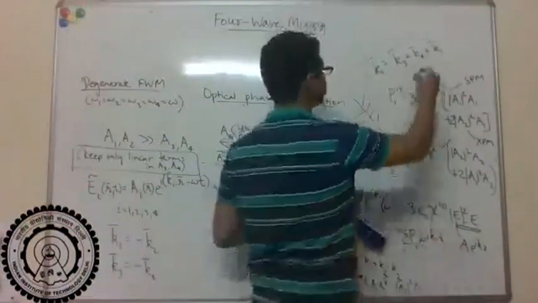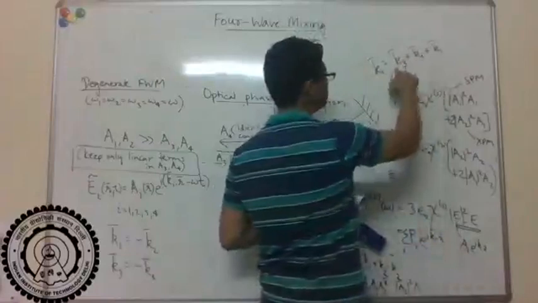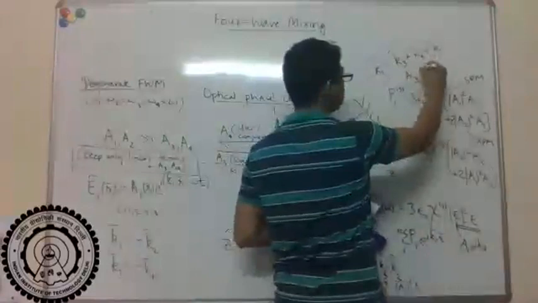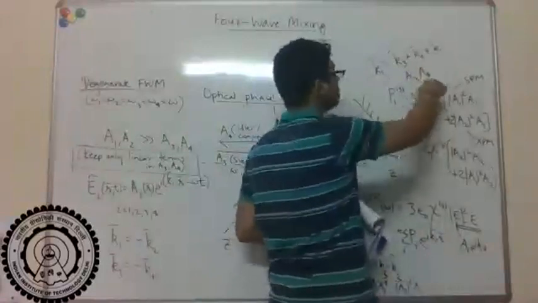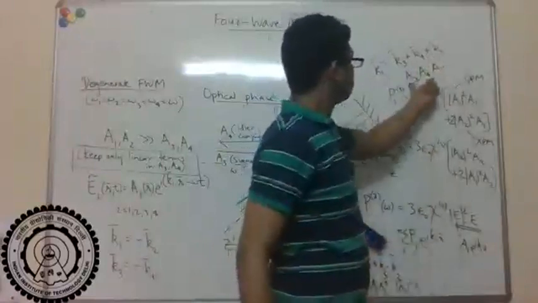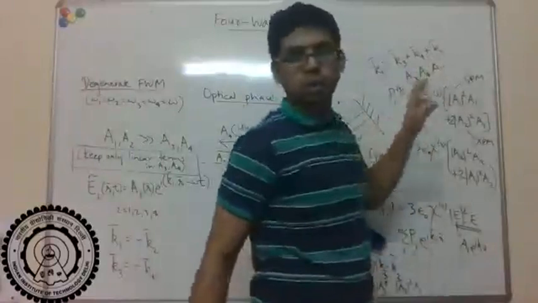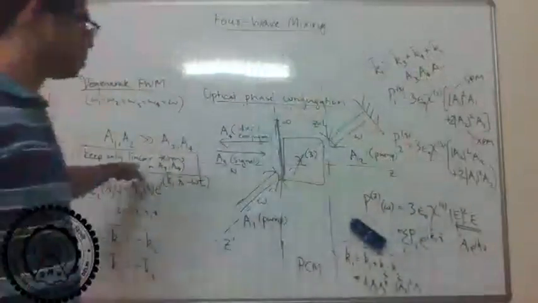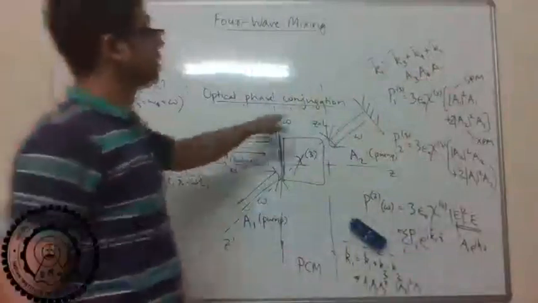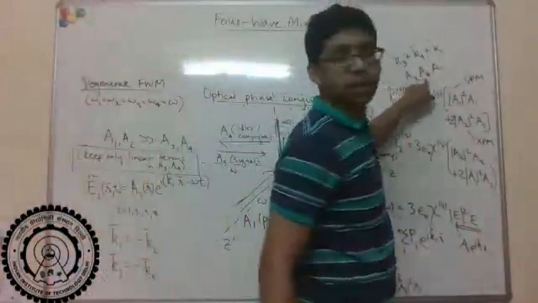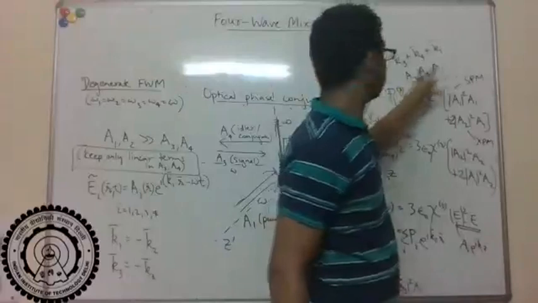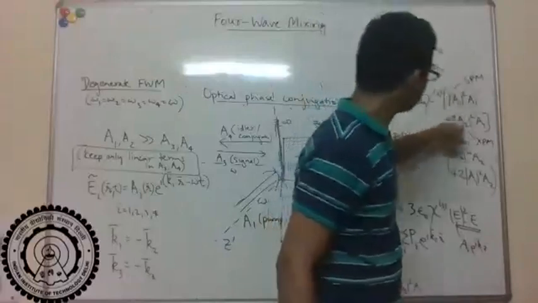But what are these terms? I'll get an A3 if I want e to the I K3 dot R. Then for K4 I want A4 and A1, right? But A3, A4 conjugate, both A3 and A4 are small. It's some small quantity, and I want to keep only linear terms. So this is like square in the small quantity, so I neglect that.